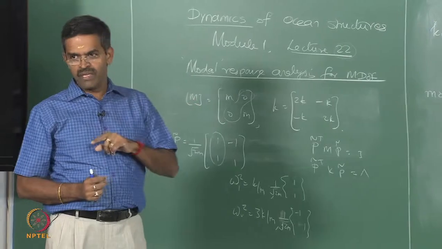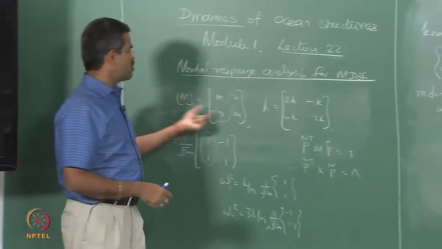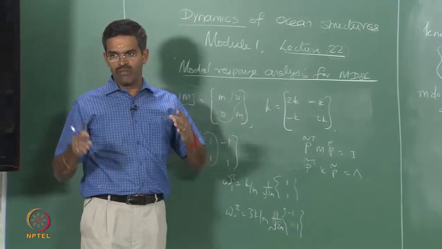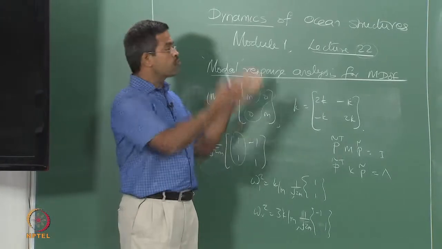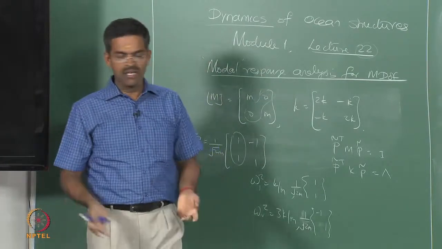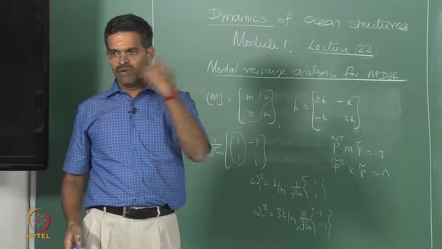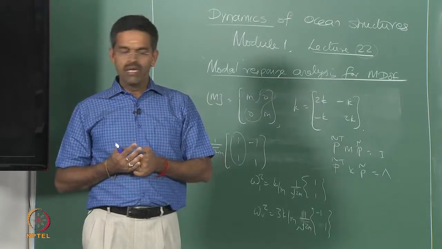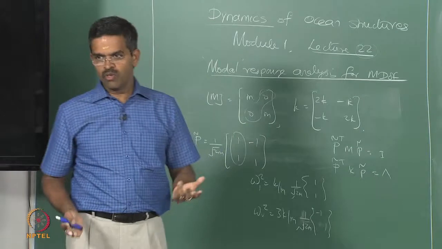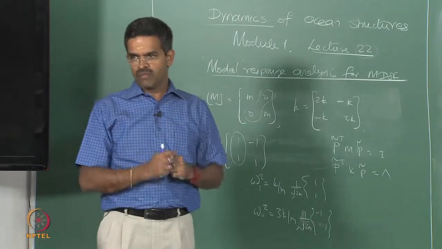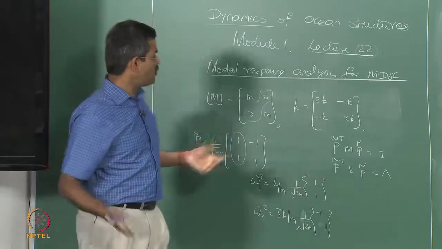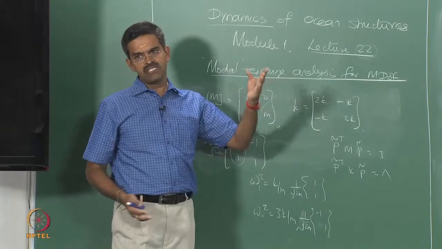Once you get that confidence, research of writing equation of motion, solving them for a new structural form, is an essential part of offshore structural research itself, because we all said offshore structure is moving towards deeper platforms, deeper water depth exploration. The conventional forms will not work. So, you have to go for new structural forms. For all new structural forms, there are no ready made solutions available even from the start stage of design itself.